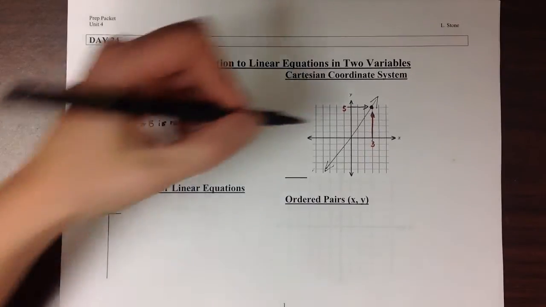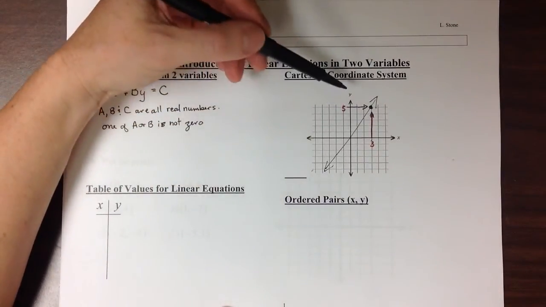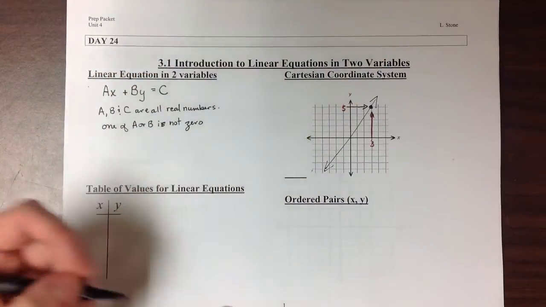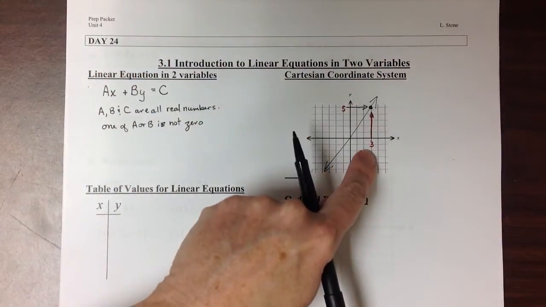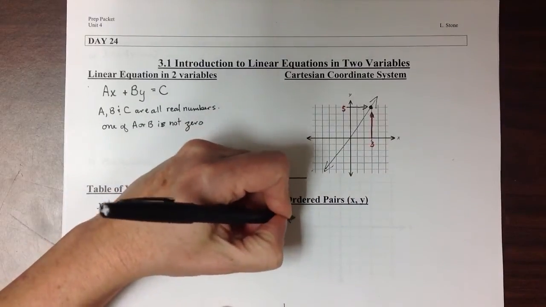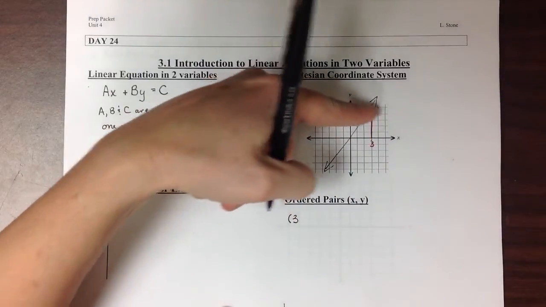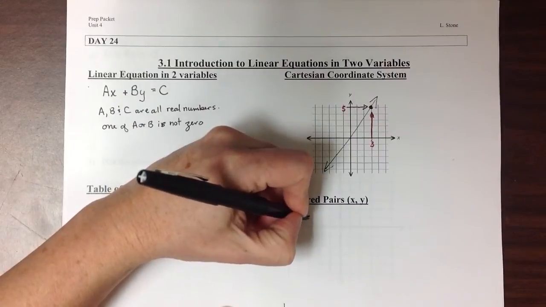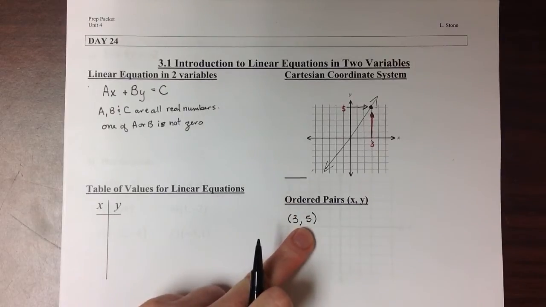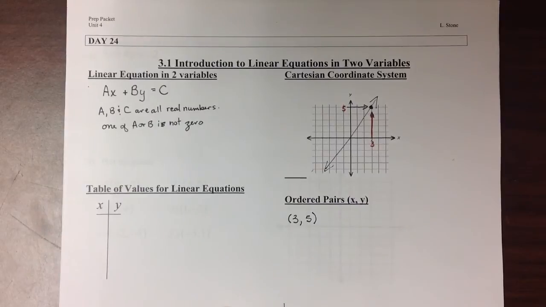So the way that we would record that answer, since our answer is now more than just a single digit, we would write it as an ordered pair, with the 3, the value that we used to get our x, coming first, and the 5, the value that we used to find our y, coming second. And these ordered pairs have a way that we can organize them in a table of values.